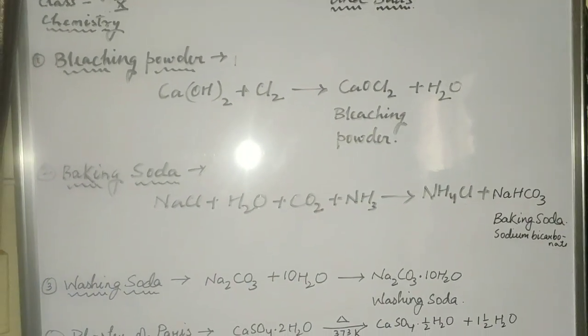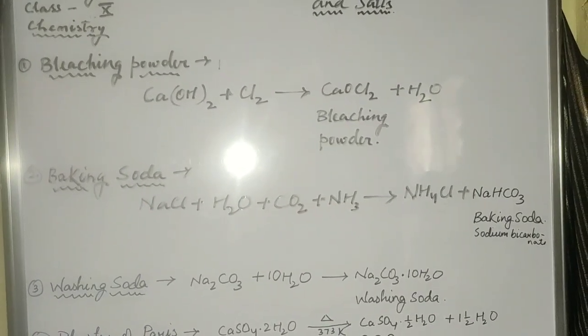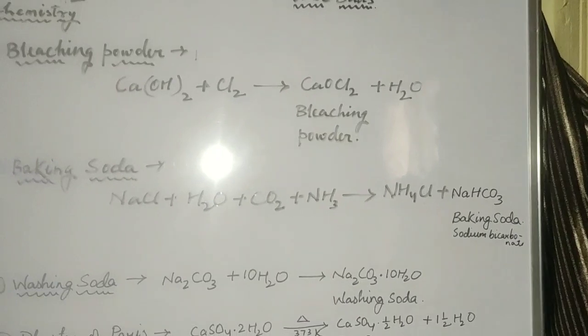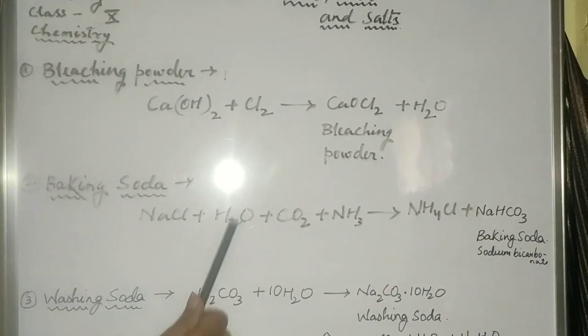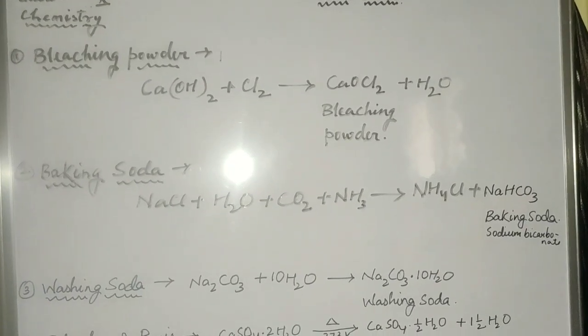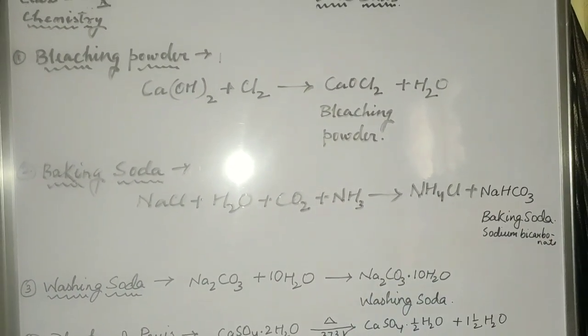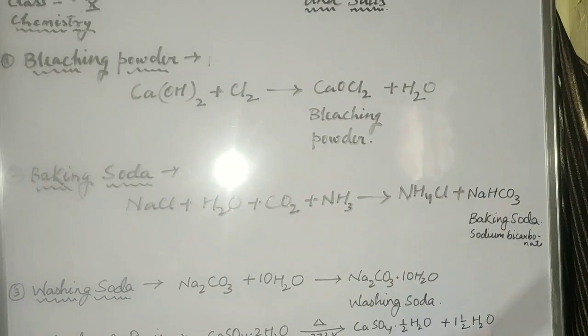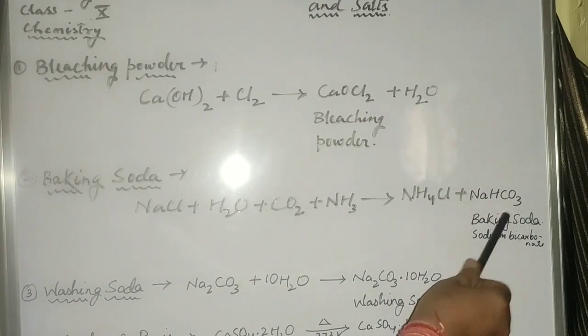Now, second is baking soda. Baking soda is obtained by the reaction when sodium chloride, water, carbon dioxide and NH3 react together. They form NH4Cl, that is ammonium chloride, and NaHCO3.